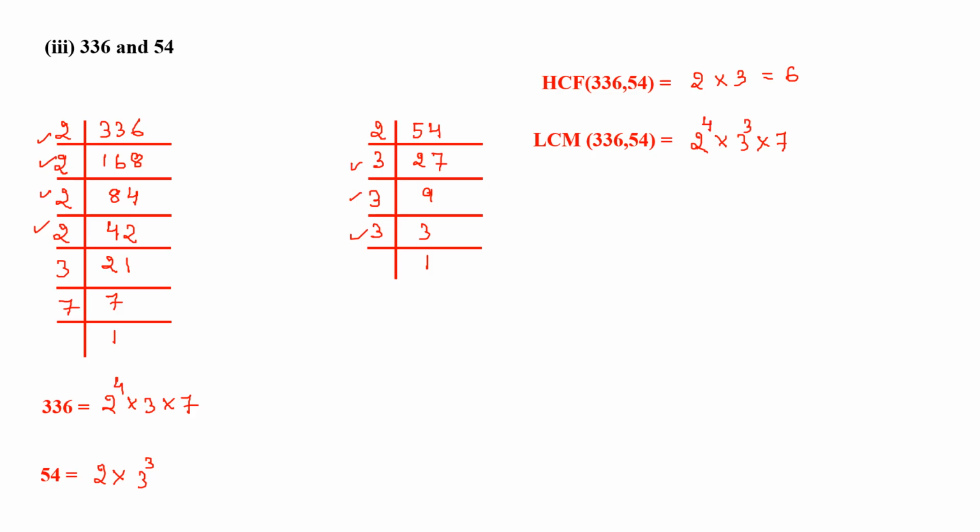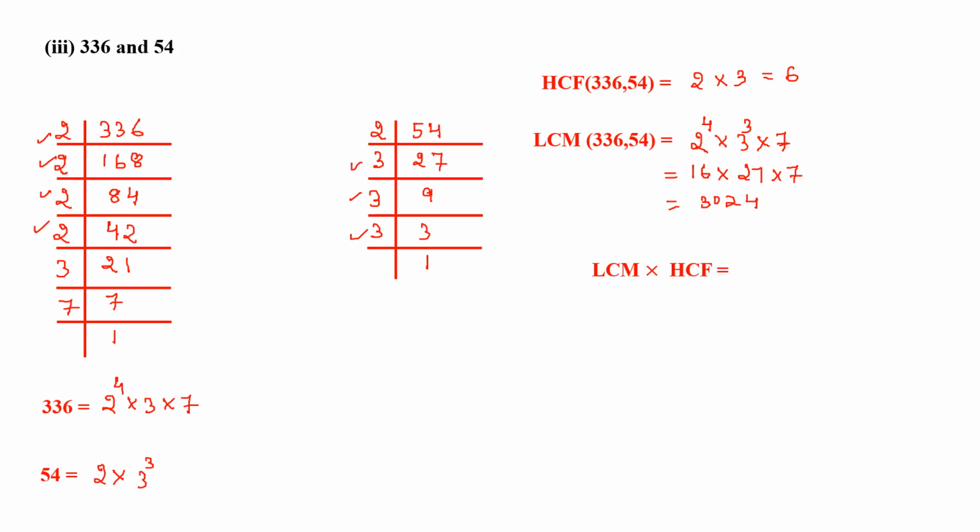Greatest power of 3 is cube, multiplied by 7 having greatest power 1 itself. Now multiply. So 2 to the power 4 is 16. 3 cube is 27 into 7. Now, if you multiply all this, you are going to get 3024.